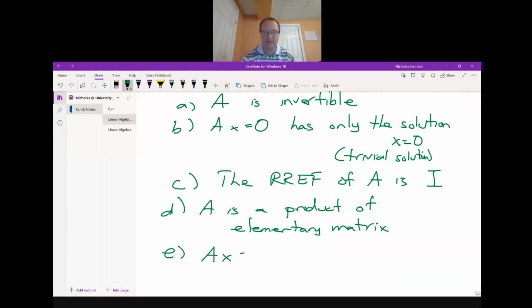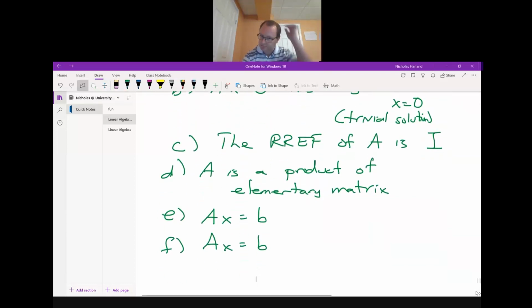So AX equals B, and both of them are actually going to be talking about B, in terms of how many solutions these would have. And the idea is, well, if A is invertible, it should be fairly easy, assuming we knew the inverse and we have a method for finding the inverse. It would be fairly simple to actually solve this.